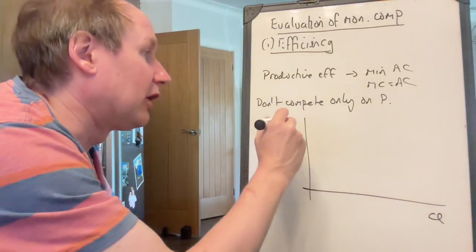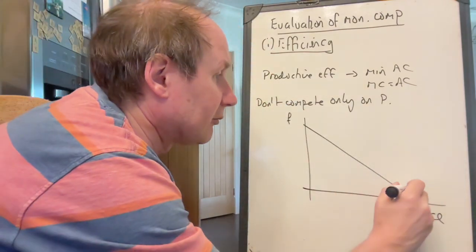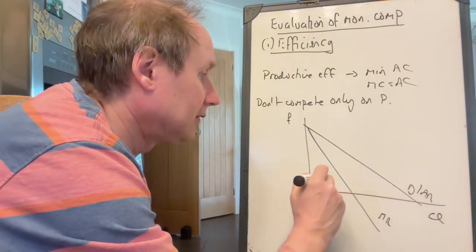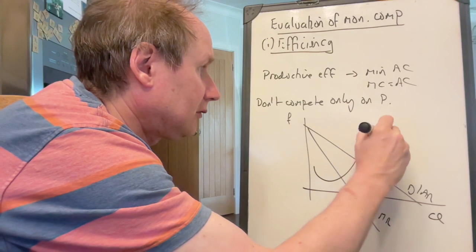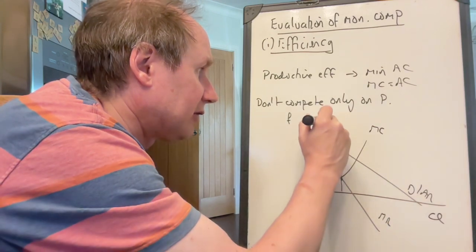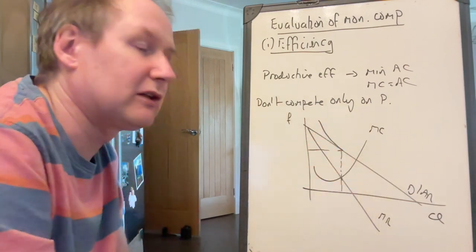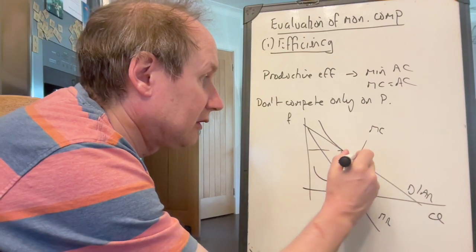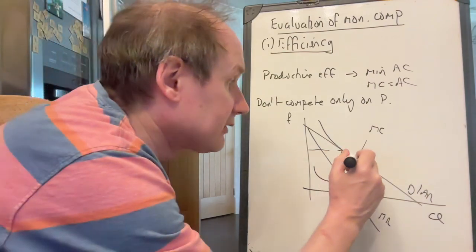If we look at the long run in monopolistic competition, at the long run equilibrium, the firm's only going to make normal profit, so we said it touches there. But we know the minimum point of the average cost curve is where it hits MC, there.